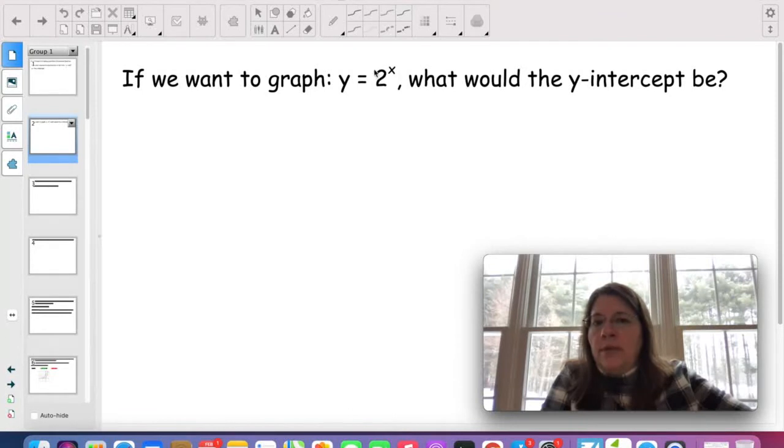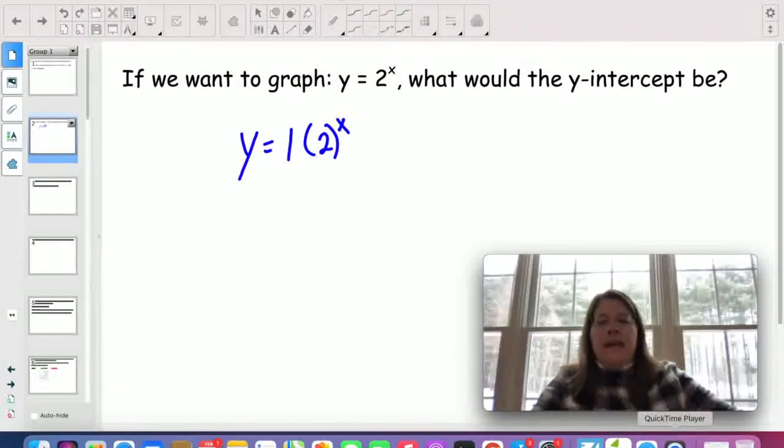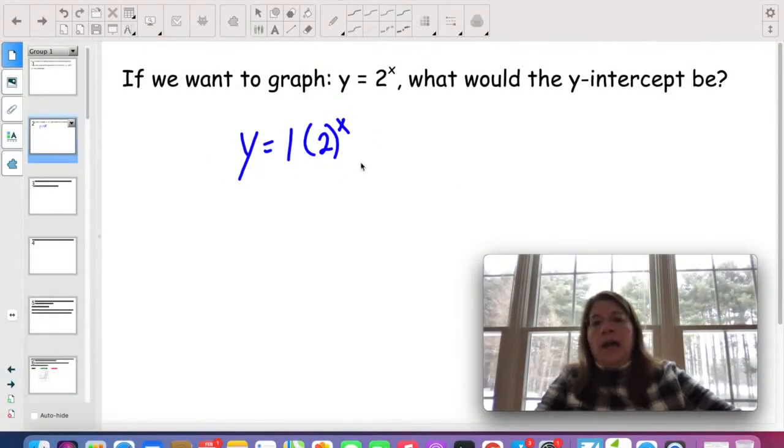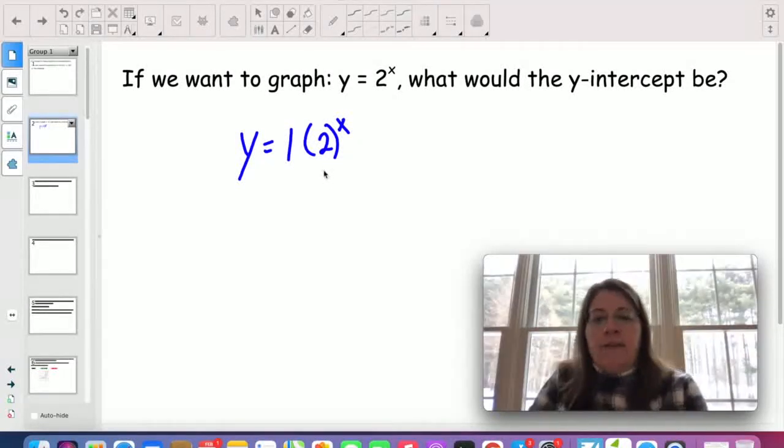So the number that's understood to be in front of that 2 is a 1. So we could say that this equation is the same as y equals 1 times 2 to the x. Our b value is 2, our a value is 1. So what this tells us is that the graph of this equation is going to cross the y-axis at the a value, which is 1.